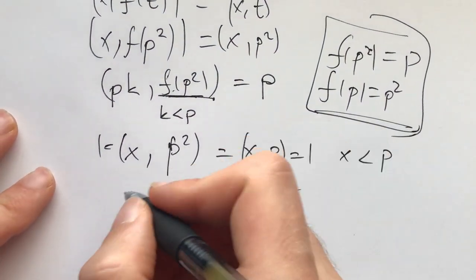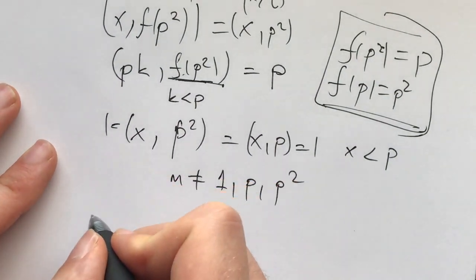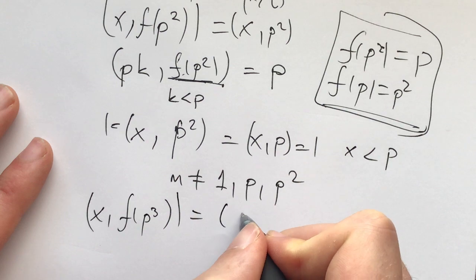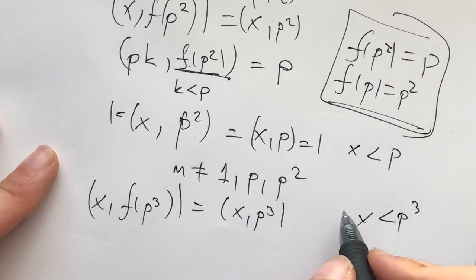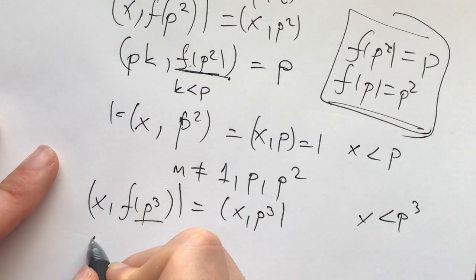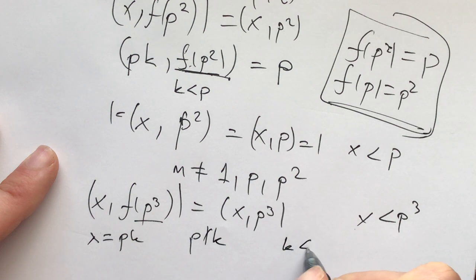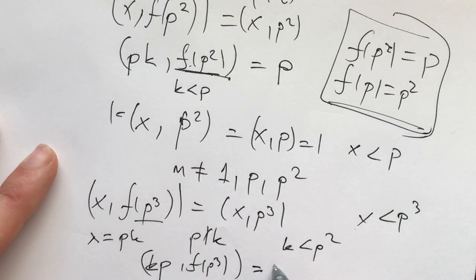So now let's maybe look at p cubed, and then we can look at p times q. For p cubed, we have the GCD of x and f of p cubed equal to the GCD of x and p cubed for all x less than p cubed. Now what this means for x equals pk, where p does not divide k, and k is less than p squared, is that the GCD of pk and f of p cubed is equal to p.